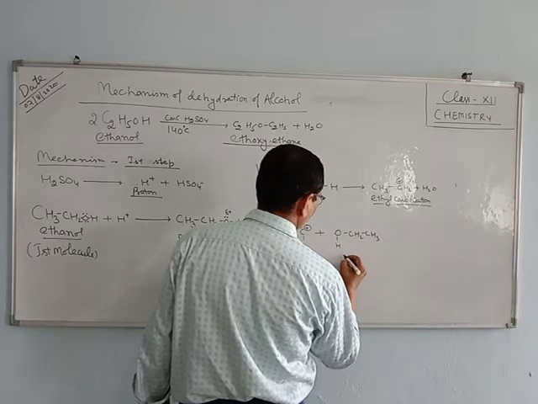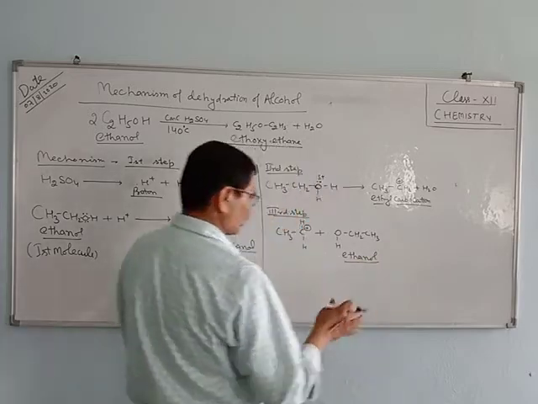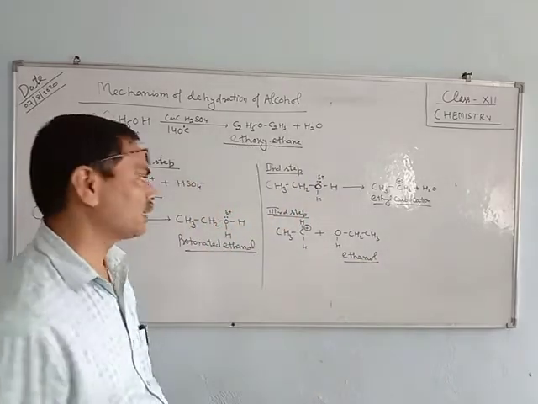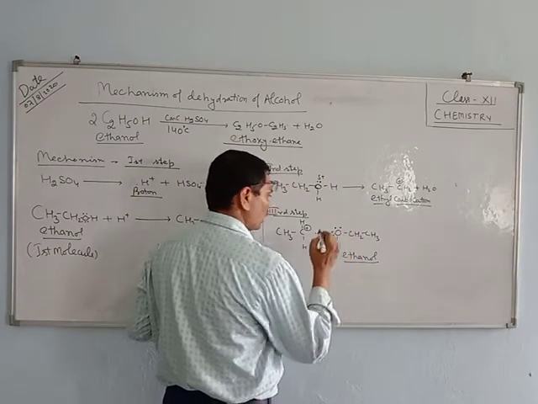This is the second molecule of ethanol, a non-protonated molecule of ethanol. It has 4 electrons, 2 lone pairs, here.